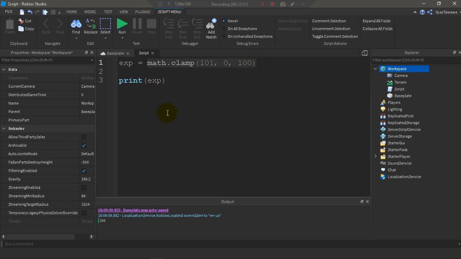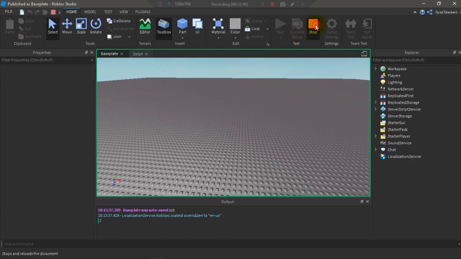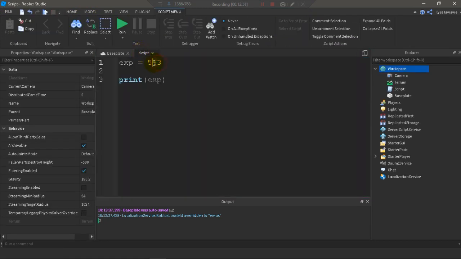So how we can get the remainder is just by doing 5 percent 3, I think. Well, let's just do it. As you see, 2, because 5 by 3 gives us the remainder of 2, and this is by this percent symbol right here.